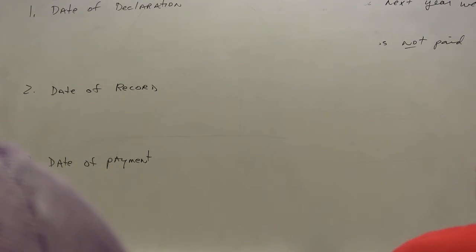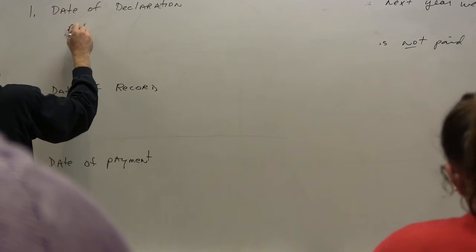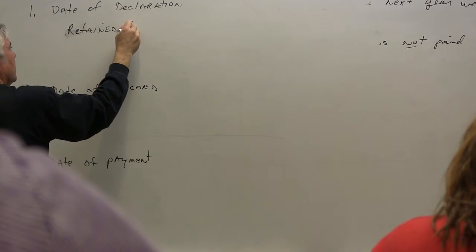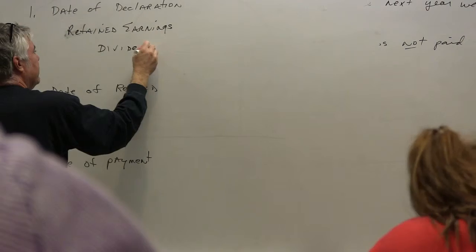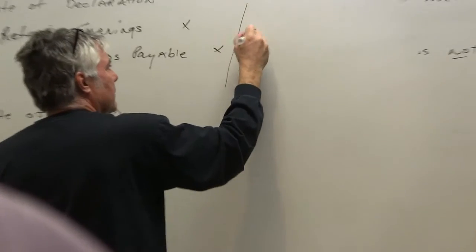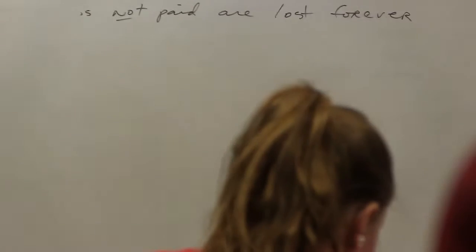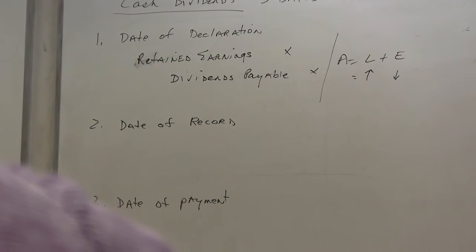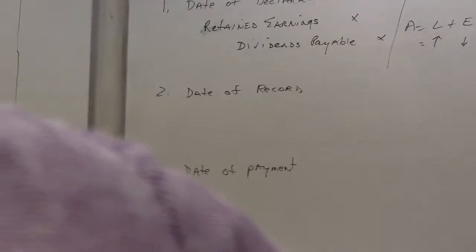That's right. Okay? So on the date of declaration, we will debit retained earnings and credit dividends payable. Notice what that does to A equals L plus C. The date of record, there's no entry.